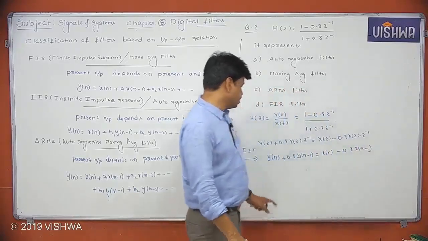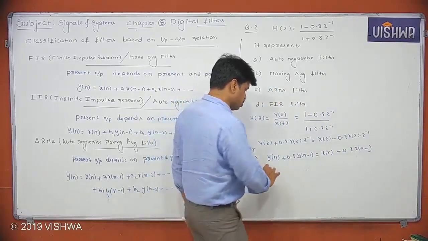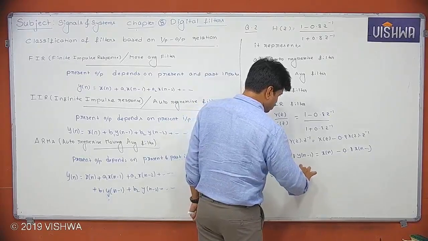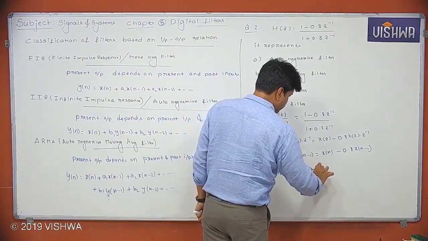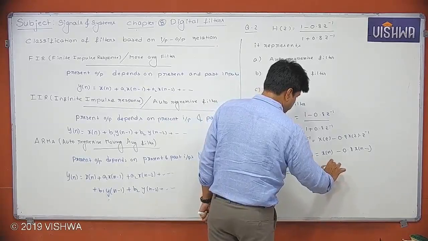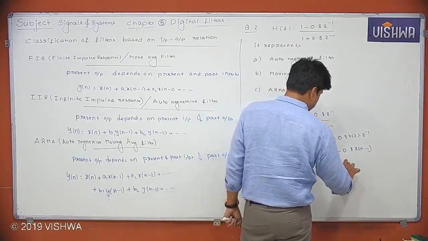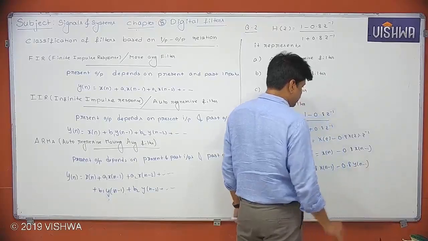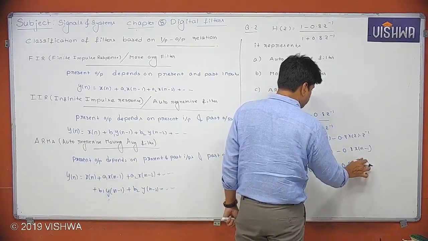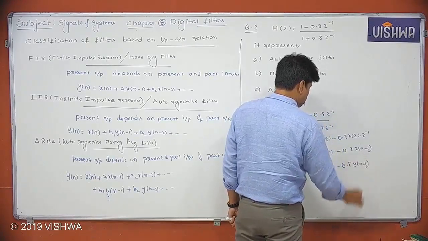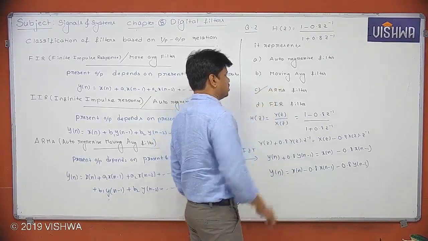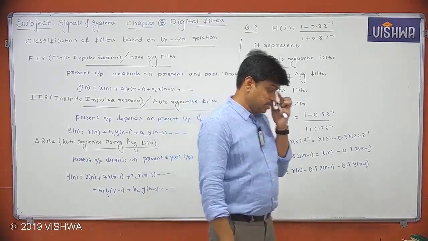If you observe carefully, present output Y of n is equal to present input minus 0.8 past input minus 0.8 past output. So here we have present input, past input and past output. So it is an ARMA filter. Take it.